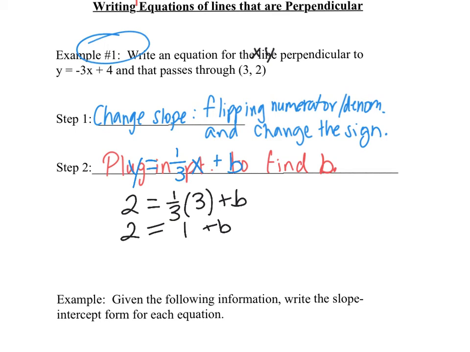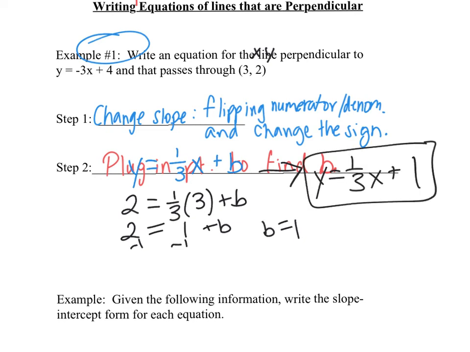Solve for b. Subtract this 1 over. 2 minus 1 is 1. b equals 1. So y equals 1/3 x plus 1.